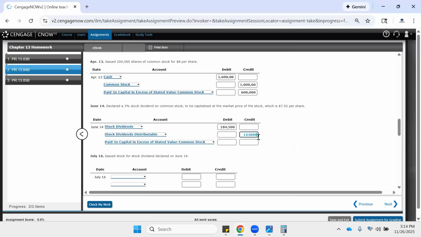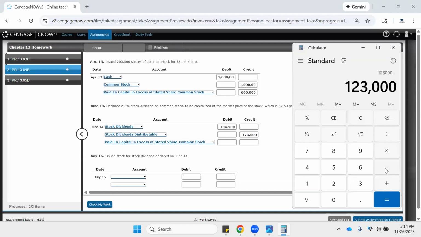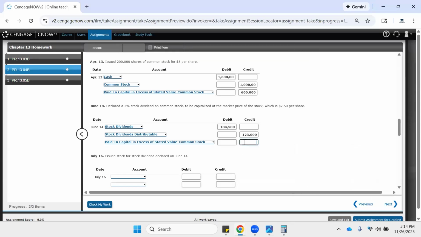In this case, it's no par stock, so its stated value is a credit of $123,000. The difference is our additional paid in capital, which is $61,500.